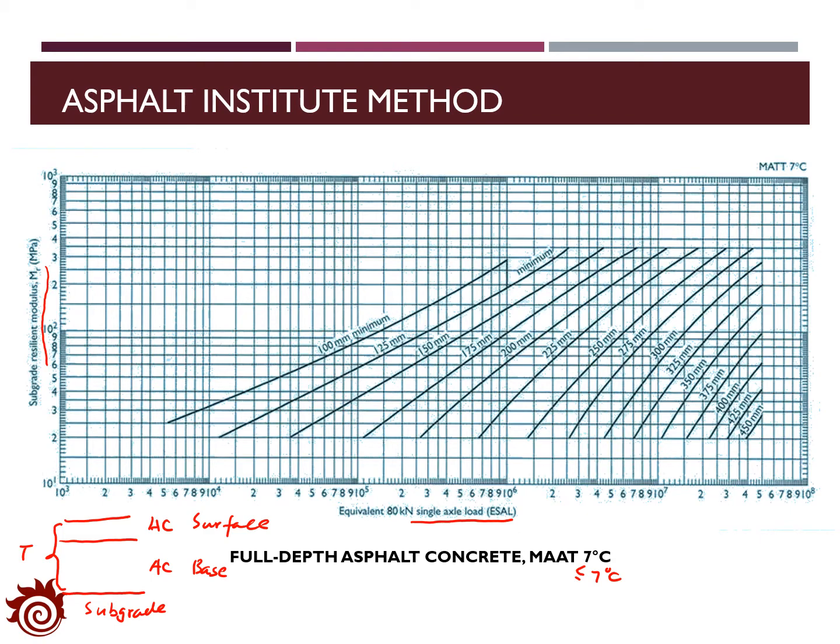Similarly, if we consider the MR value of 100 megapascal and the ESAL as 5 times 10 to the power of 5, then we can get the thickness of the asphalt layers as 145 millimeters, which is the thickness that we selected between 125 and 150. And this thickness is applied for both surface and base layers.